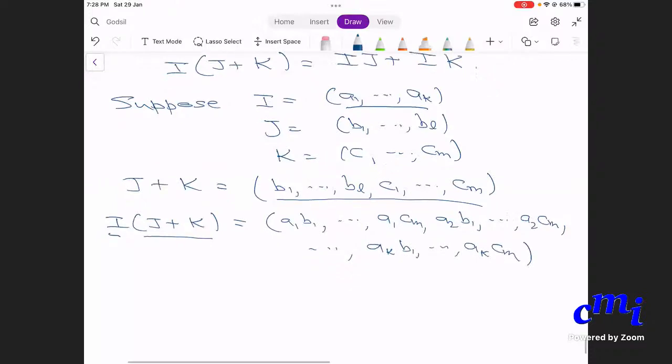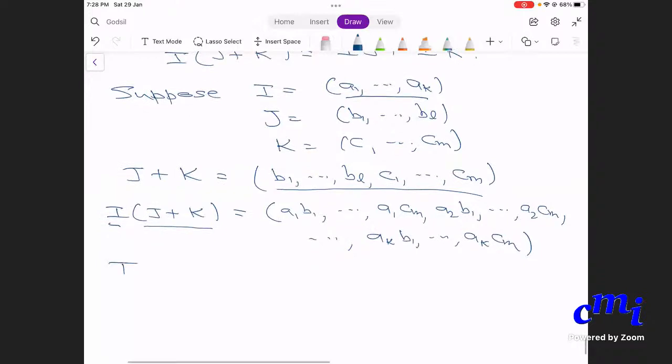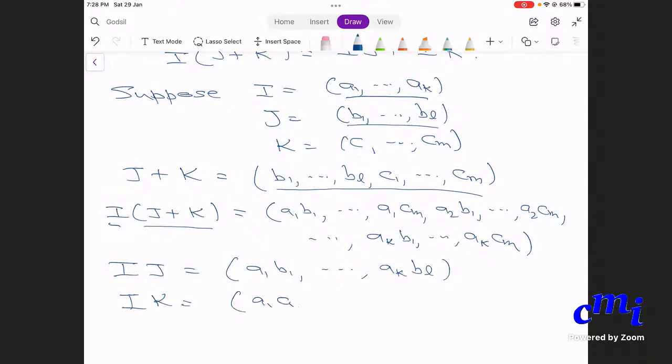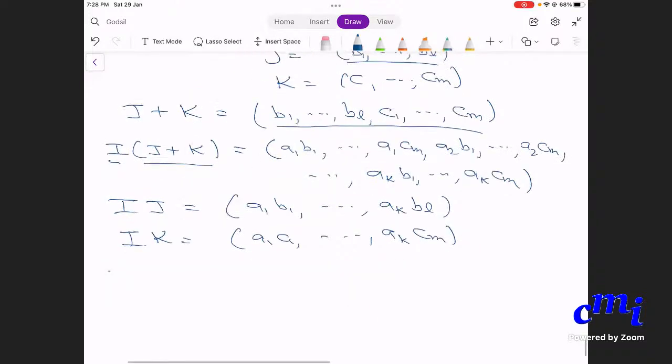On the other hand, what is IJ? IJ is generated by just the products of the a's and the b's. So this is just all a1 b1 up to ak bl. And IK is all the a1 c1 up to ak cm. And what is the sum of these two? IJ plus IK is generated by all of these put together.